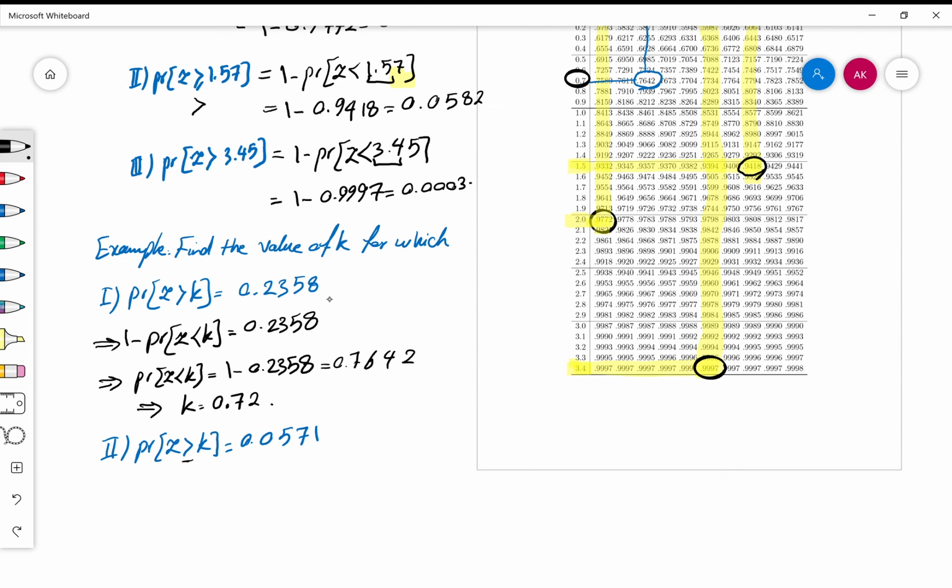Well, this is bigger than, so I have to turn it into less than by doing the complement, and that gives us 1 minus 0.0571. Solving for the probability of Z less than k, this is 0.9429. Find k such that the probability of Z less than k is 0.9429.